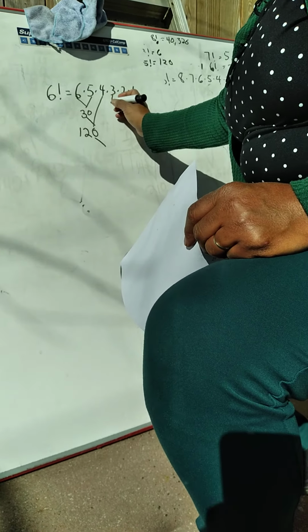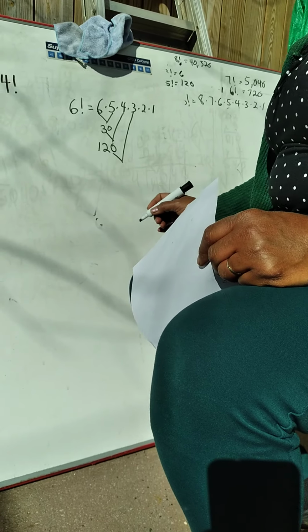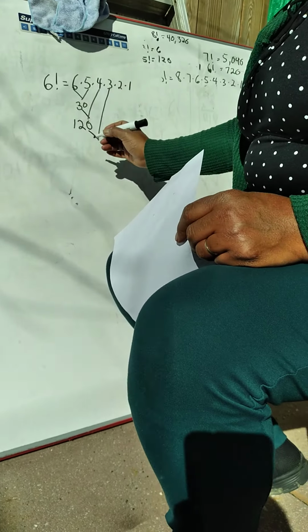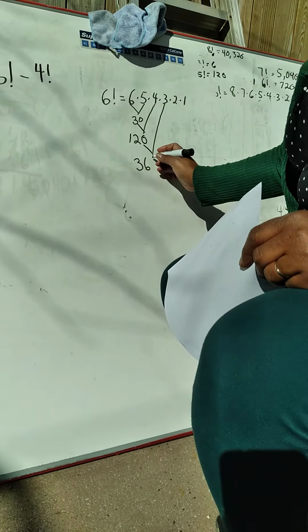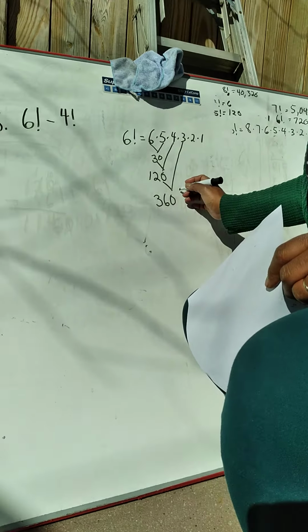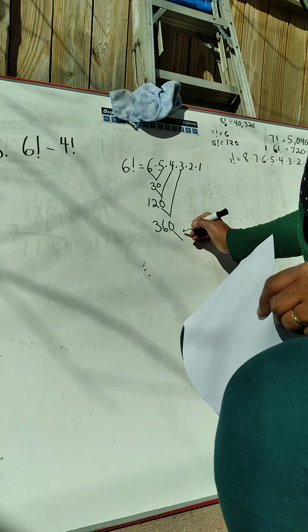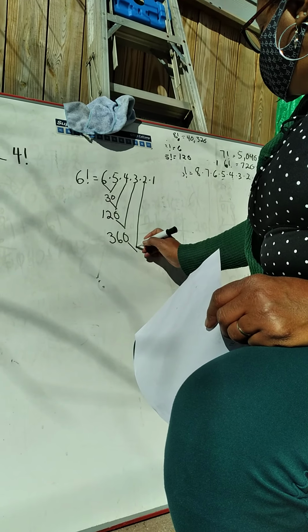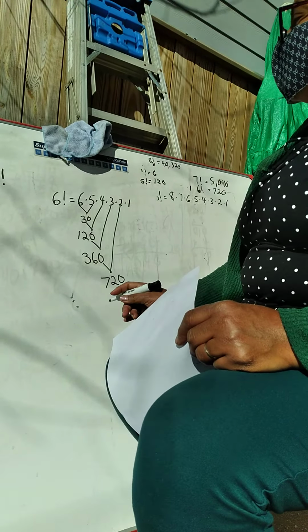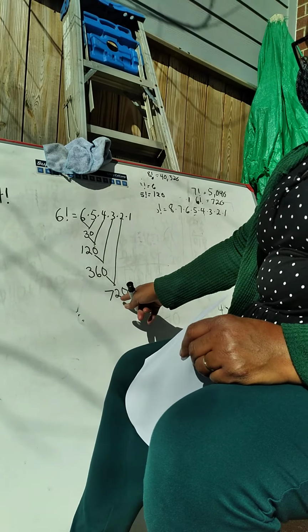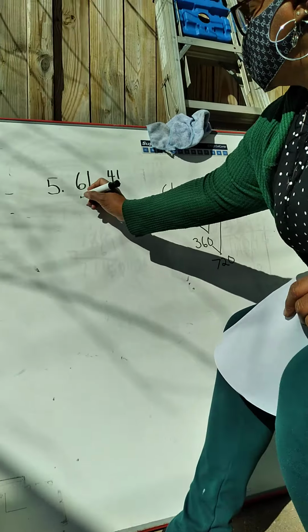Then 120 times 3 is 360. And 360 times 2 gives us 720. So we know that 6 factorial is 720.